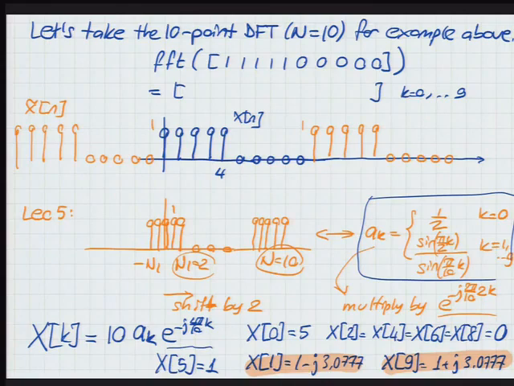Is it coincidence why these are complex conjugates? Okay, let's think about it. So put k equals 5 there.